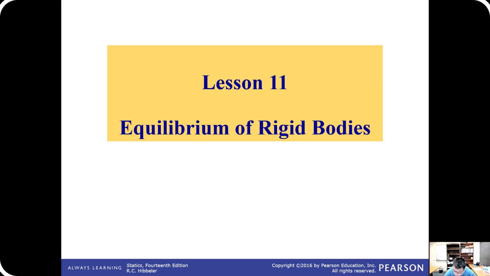Okay, hi class. So from today, let's start discussion of equilibrium of the rigid bodies. So far we have talked about equilibrium of the particles. So a particle in statics means it has no size.